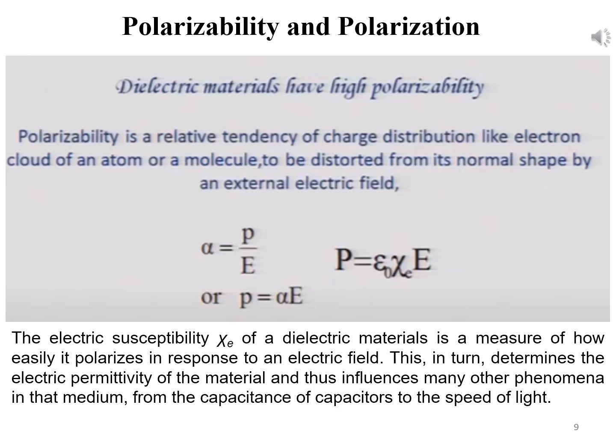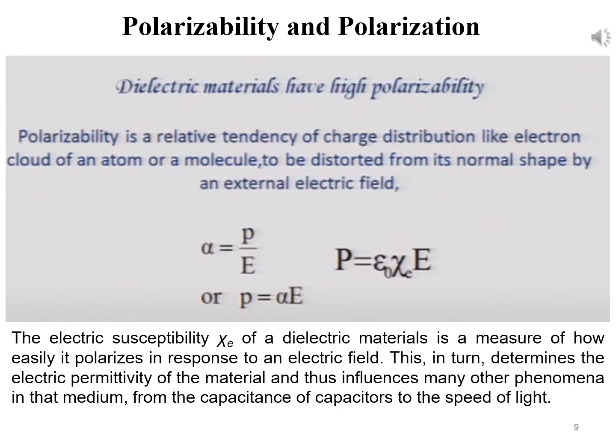So we can write the equation for polarizability as polarizability is equal to small p over E. Here p is the polarization and E is the applied electric field. This polarization small p is for a single molecule, and we denote it by capital P if there are more molecules or atoms.